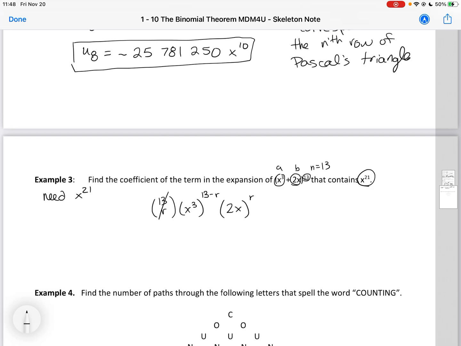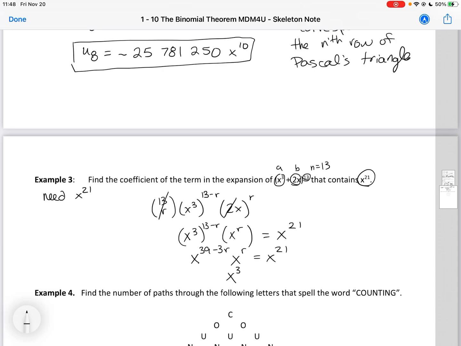Now, this doesn't matter because it's a number, and this 2 doesn't matter either. So the parts that I'm concerned about are the x cubed to the 13 minus r and the x to the r. I know that this has to equal x to the exponent 21. So expanding and simplifying here gives me x to the 39 minus 3r times x to the r equals x to the 21.